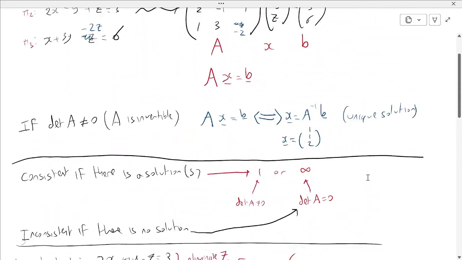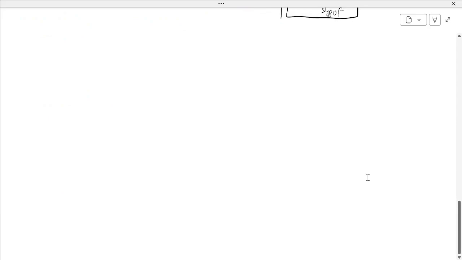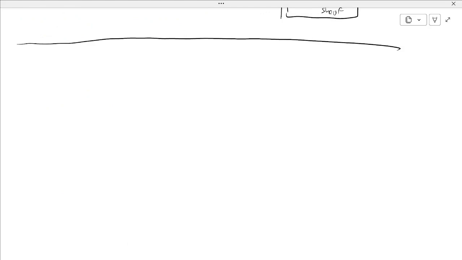The thing to mention as well is parallel planes. It's not too bad, but the geometric interpretation might change if, for example, some of your planes are parallel. So let's say I have two parallel planes that are non-equal, and then a third plane cutting through.